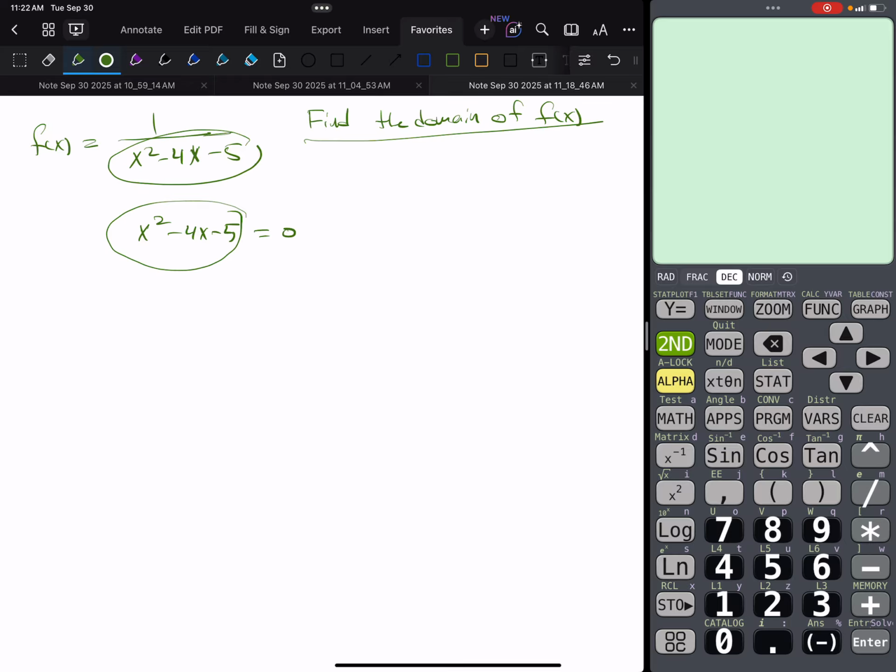Well, if this whole thing equals 0, then I have 1 over 0, which is undefined. So the x values that make that whole thing equal 0 are the x values that I can't use as inputs. Okay, so I want to find the x values that I can't use as inputs. I do that by taking the denominator, setting it equal to 0, and finding the x values that make the denominator 0.